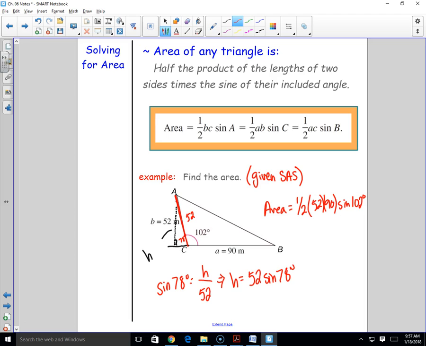And that's my height, true? And what's the area of the triangle? What's my base? What's my height? You should be able to make up the formula, not just use it.